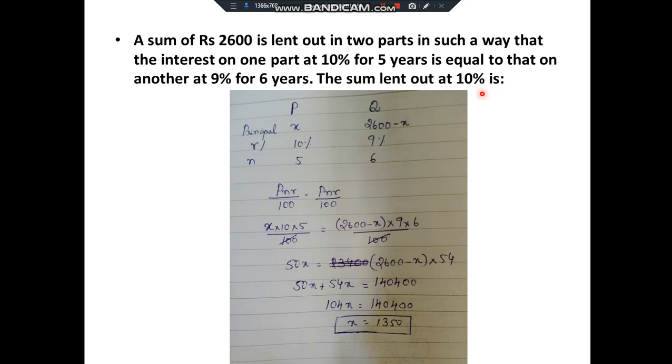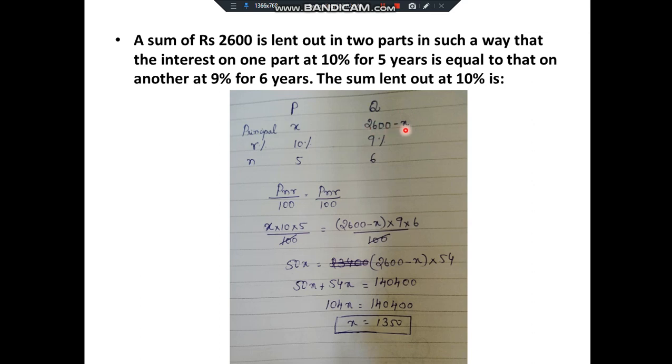Now we'll see the basic formula approach and then we'll go for the shortcut method. First write down what is given. We don't know how the principal is split, so we'll consider one principal to be X and another principal, obviously, would be total minus X. So total is 2600, minus X, gives how much principal is used in scheme 2 or part 2.